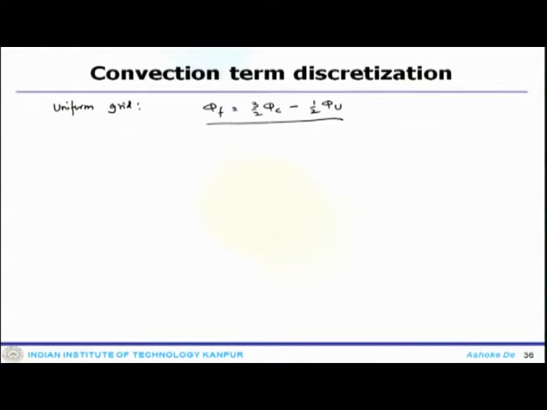Now, one has to look at the discretized system. If you look at the discretized equation, then one needs to calculate m dot E phi E, which is going to be 3 by 2 phi c minus half phi w.